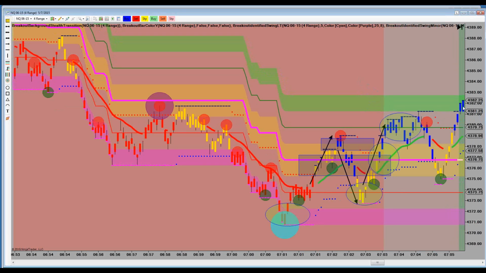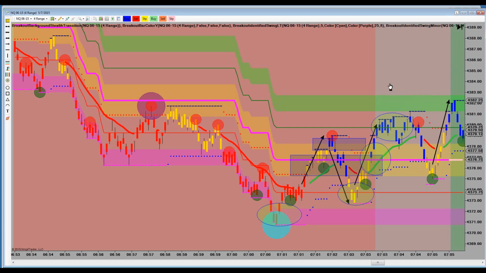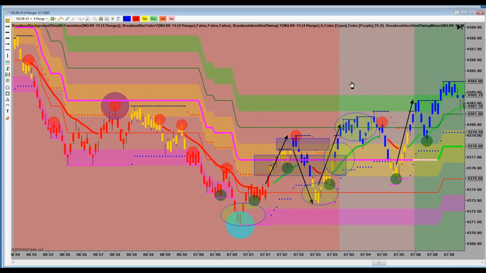Obviously, by the time it gets up to here, you're not saying I'm getting in, because now you're at the tail end of the thrust move. So obviously, if you waited to get in until up here, that's not good. The traders who said I'm in and bought down here are already getting out up here. We're taking some profits and getting ready to bank a runner.